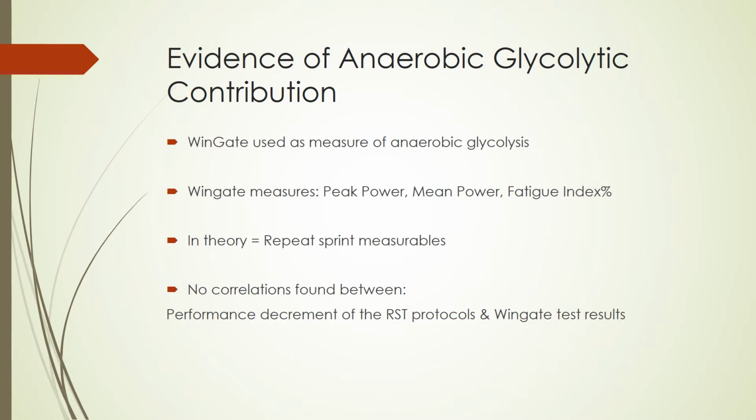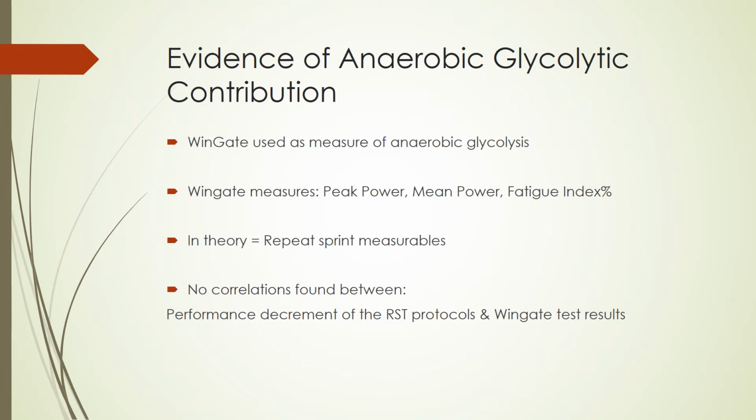Now, as far as amount of muscle used, let's talk about that first, and why that may play a role. Wingate would be measuring your ability to perform repeat anaerobic bursts of energy in more localized areas of muscle, whereas repeat sprinting tests measure repeat anaerobic bursts of energy across a large muscle cross-sectional area, so a more global area of muscle.